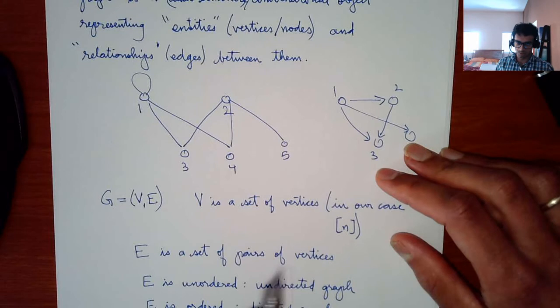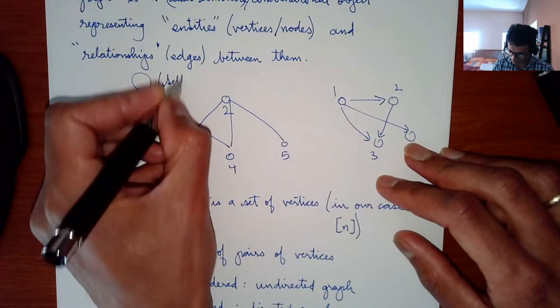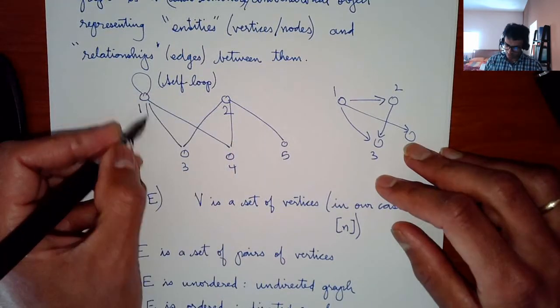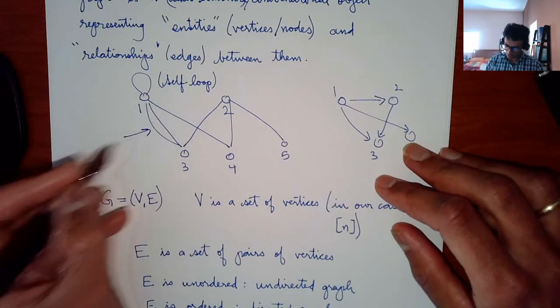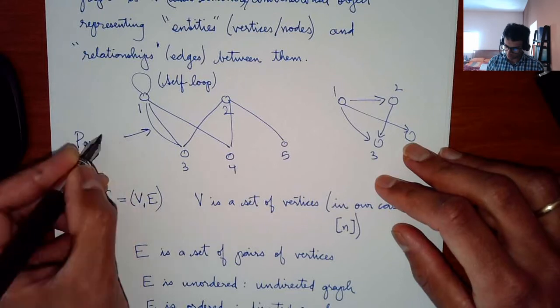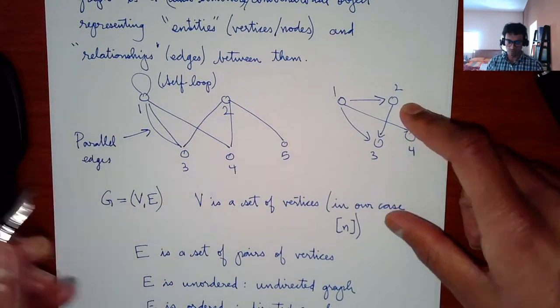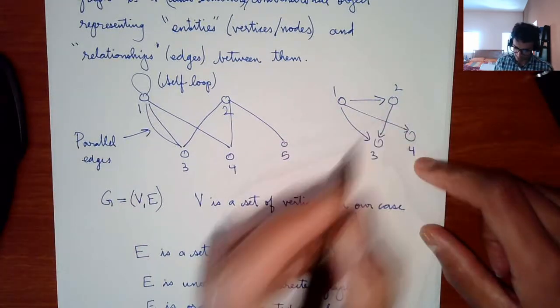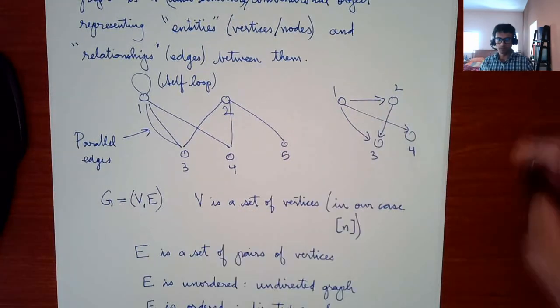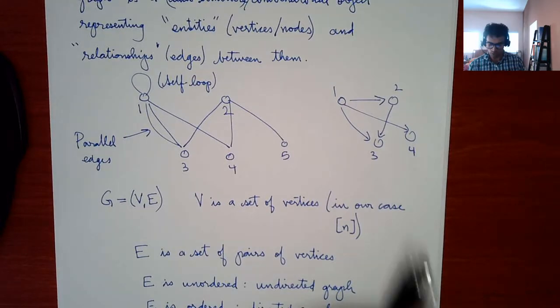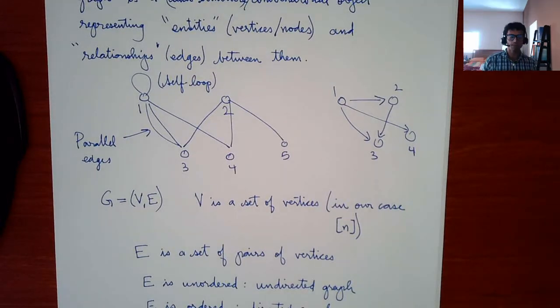This is called a self loop. You could imagine that there are multiple edges between the same pair of vertices. These are called parallel edges. And these are, of course, directed edges. So in a simple graph, you don't have parallel edges, you don't have weights, you don't have self loops, and you don't have direction. So it's sort of the simplest, most basic form of a graph.